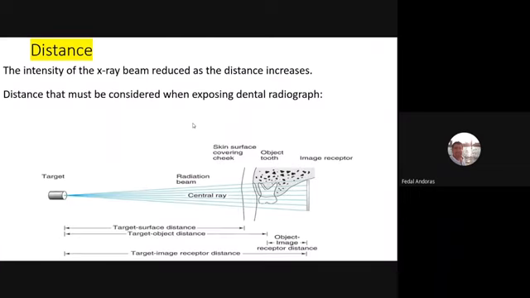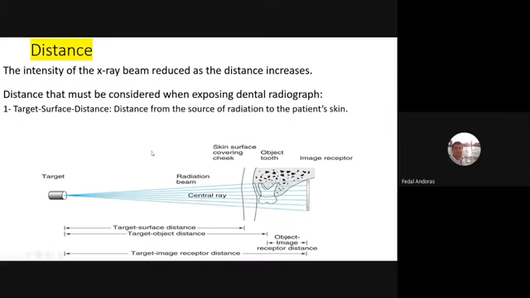We have some things you have to know. This is the X-ray target. This is the skin of the patient, let's say the cheek, if we talk about dental radiography. This is the area of interest or object or tooth that we want to take the radiograph of. And this is the receptor or film. So you have the target surface distance, target to surface. It is the distance from the source of radiation to the patient's skin.